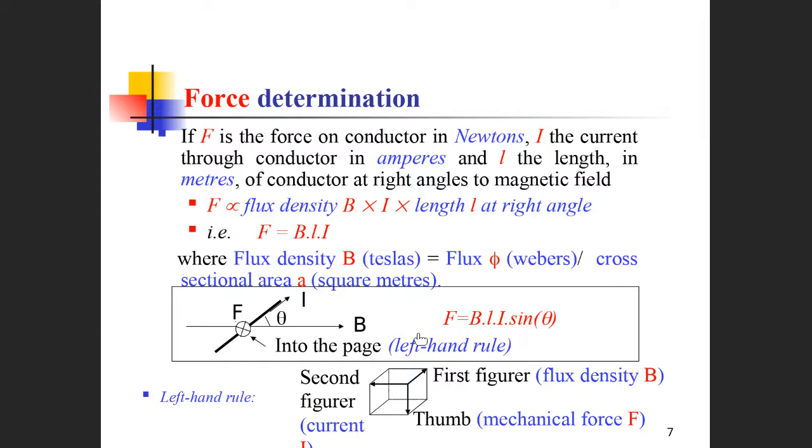So this formula explains the force produced by a conductor carrying current put into a magnetic field, with their angle difference. The force direction can be determined using the left-hand rule, as we show here. So that's the magnetic force, the second point.